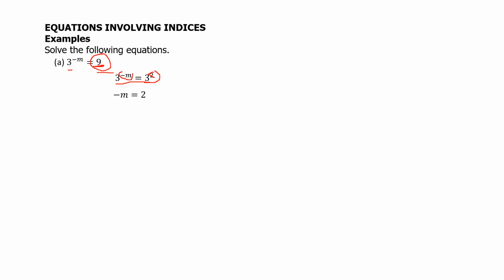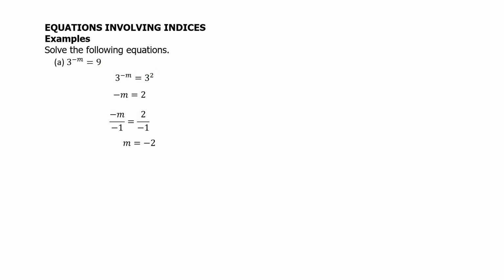The next step, we are going to multiply both sides by negative 1 so that we get a positive value of m. And when I divide there, the negative 1 will make the m positive, and then the negative 1 on the right hand side will make the 2 a negative, to have the answer of m as negative 2.